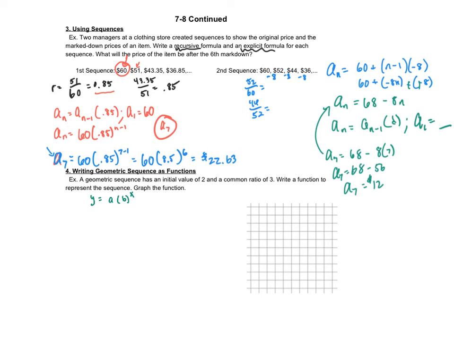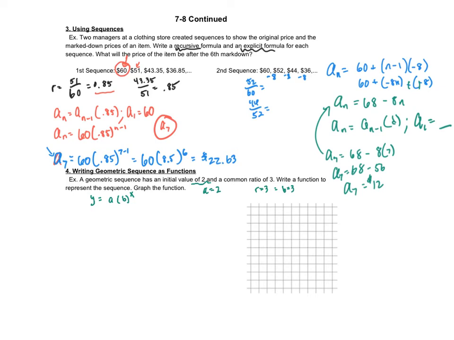So when we look at this equation, we can say that the geometric sequence has an initial value of 2. Well, that tells me a is equal to 2, and a common ratio of 3. Okay, well, if r is 3, then also b is going to be 3. And it asked me to write a function to represent the sequence and then graph that function.